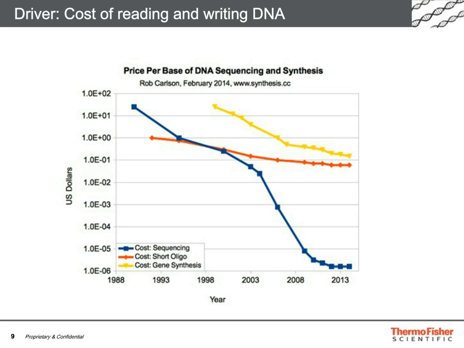There are several entities out there, including Thermo, working hard to push that cost down into new ranges. So I think you'll see that the accessibility of synthetic DNA and our ability to design novel DNA constructs in silico and have those synthesized and delivered to our door is going to just get better and better.